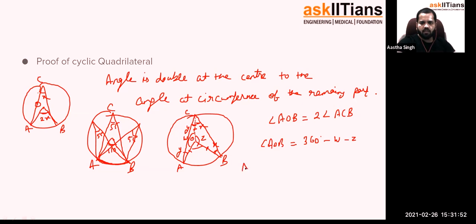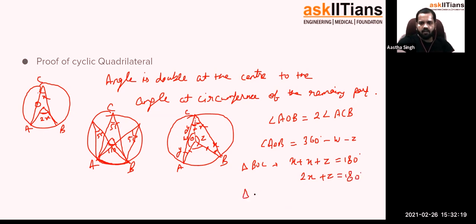If you see triangle BOC, in triangle BOC, x plus x plus z is equal to 180 degrees. Why? Because in any triangle the sum of all angles is equal to 180 degrees, right? So basically 2x plus z is equal to 180 degrees.